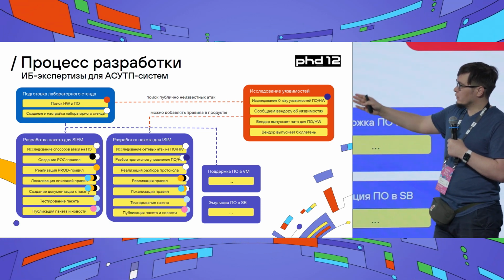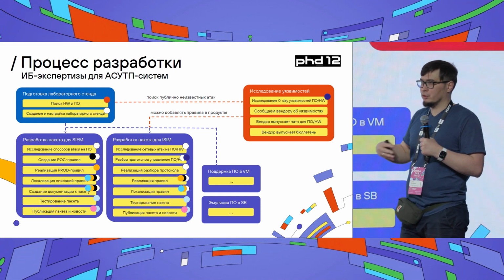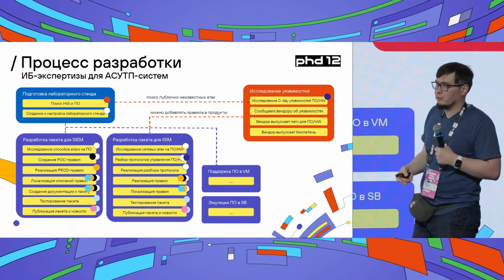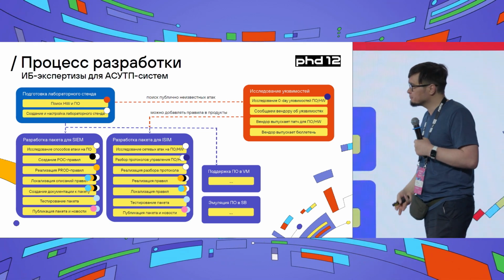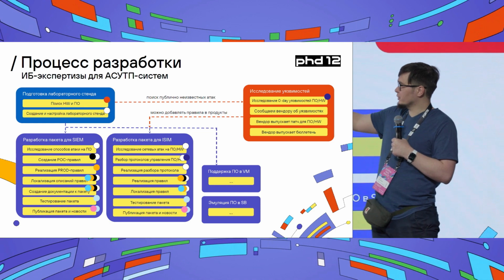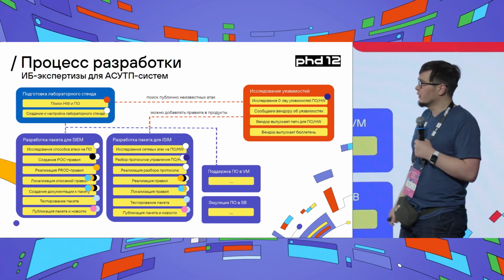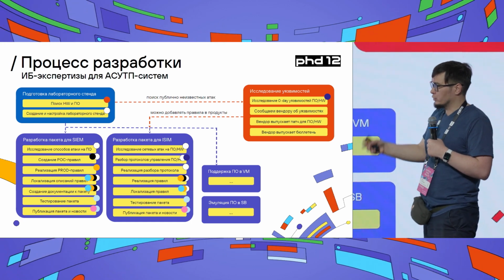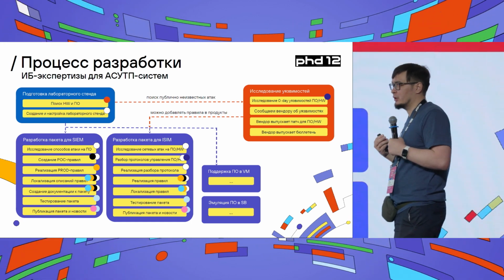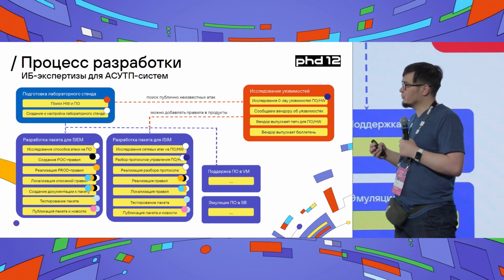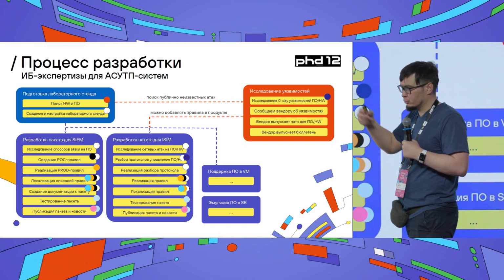What is next? Then we generate expertise for each product. We have a lot of such products. And for each product, we go through stages described previously. We are talking about standard attack vectors. They are all similar.